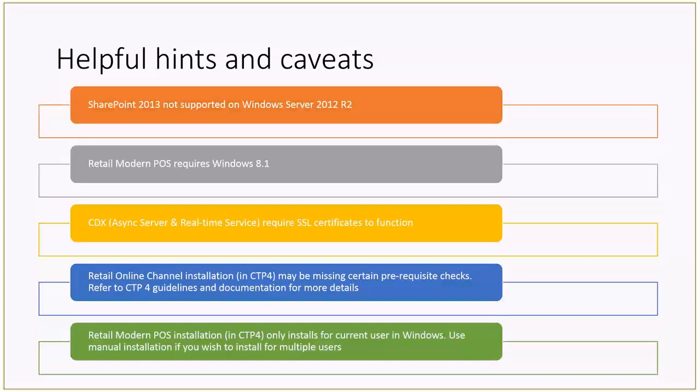So if you wanted to do internal evaluation or demo or so forth, the CDX components would still require secure communication, whereas your retail server and hardware station would not require that. And in any case, for all production scenarios, we strongly encourage that all communication is over a secure channel.